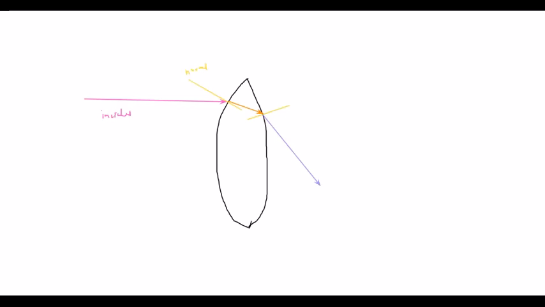Now, for a convex lens, you have to learn 3 points. Number one, like this is a convex lens.